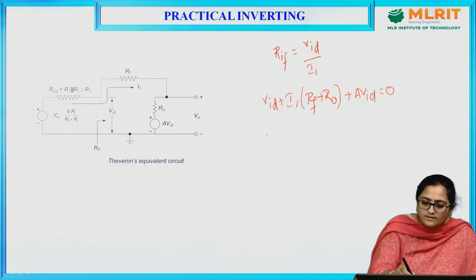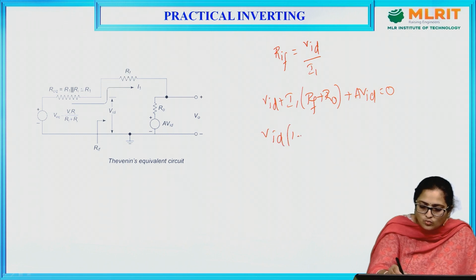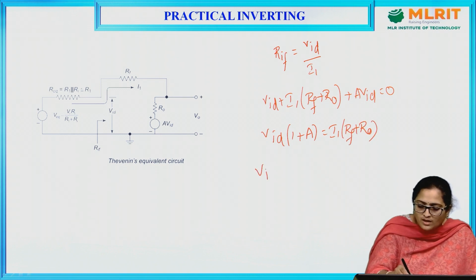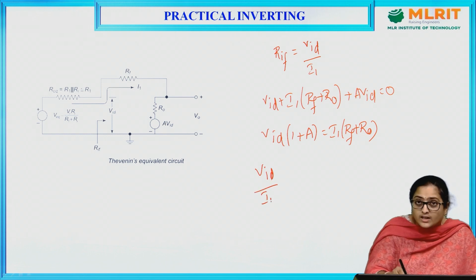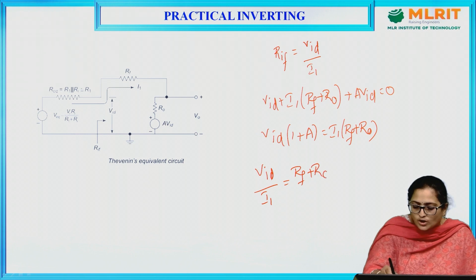So you can write this expression as VID into 1 plus A is equal to I1 into RF plus R0, and VID by I1 is given as RF plus R0 divided by 1 plus A.